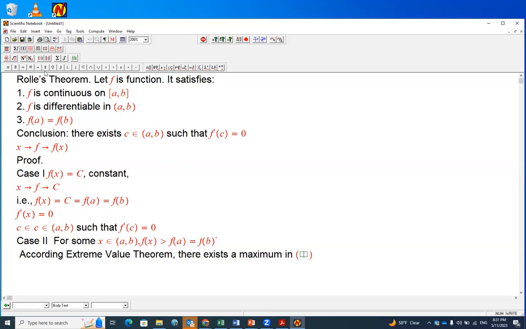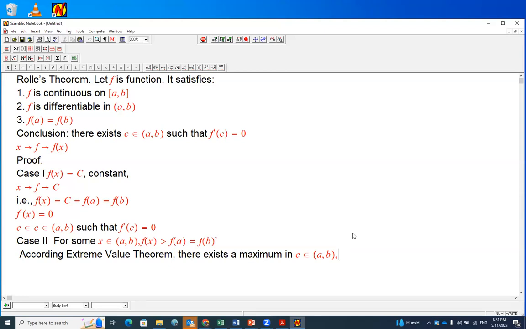This maximum must be larger than f of a and f of b, so that number must be not a and not b. Such a number must exist.